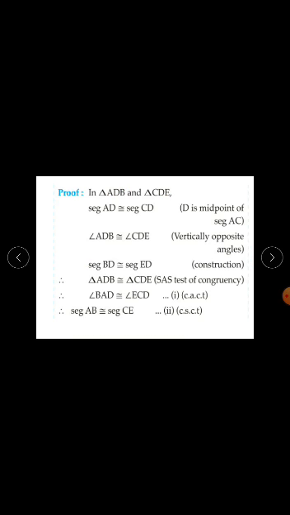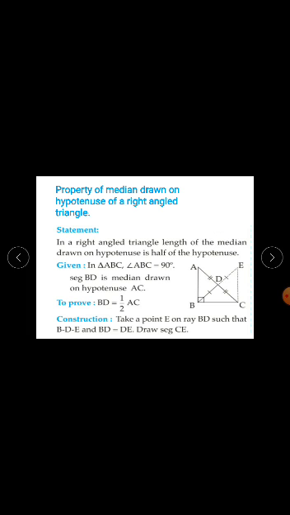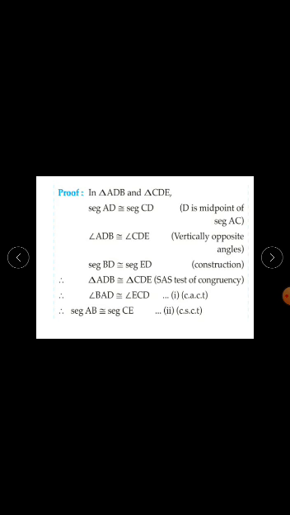SAS test. So in triangle ADB and triangle CDE, seg AD is congruent to seg CD, D is the midpoint of seg AC. Angle ADB is congruent to angle CDE, vertically opposite angles.